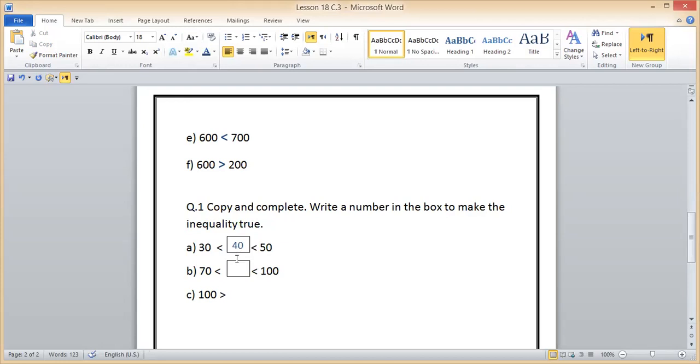All right, guys. So what number you would like right here? 70 and 100. So you have to answer me in the chat, guys. What number you will write on B? 70 and 100. What number you will write? 70 and 100. 100 greater than dash.